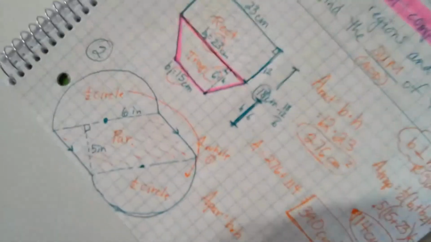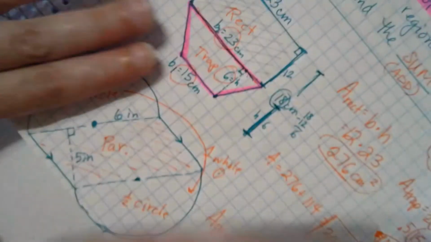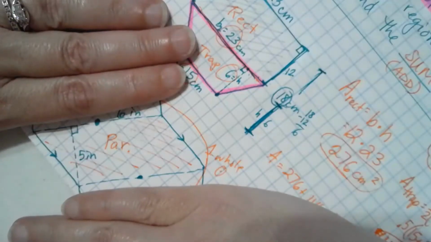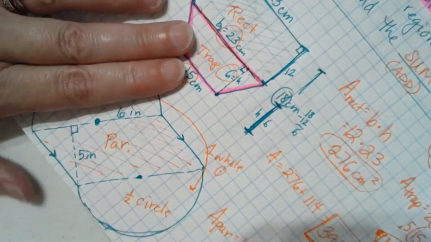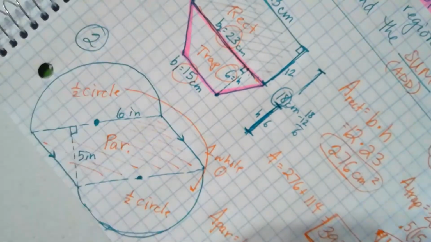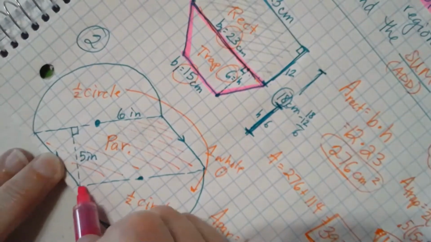If I turned it like this, and I got rid of all of this other stuff, and I just had this, how would I find the area of that parallelogram? How big is the base? The base is all the way across this line right here. I'll color it in highlighter. This is the base.